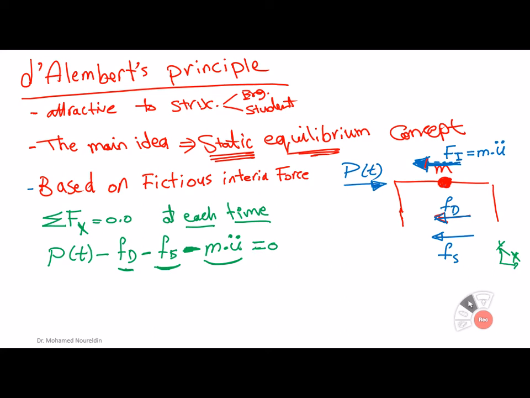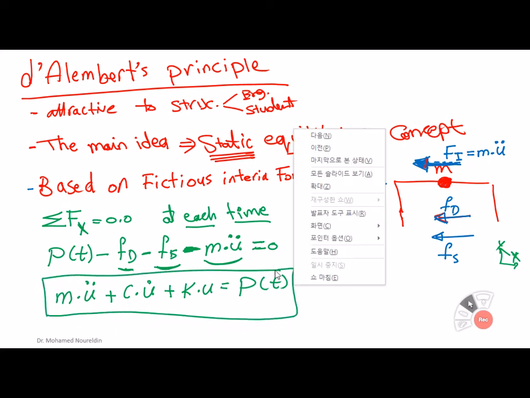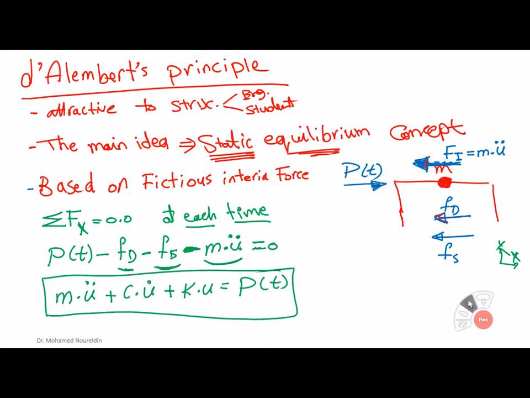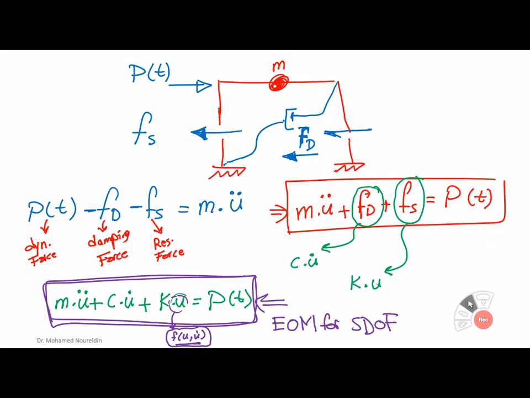Based on this, we are going to rearrange it. We're going to find that m u double dot, as we have done before, plus c u dot plus k u equals p of t. So here, this is the system equation of motion, which is the same as we have obtained from here, right?